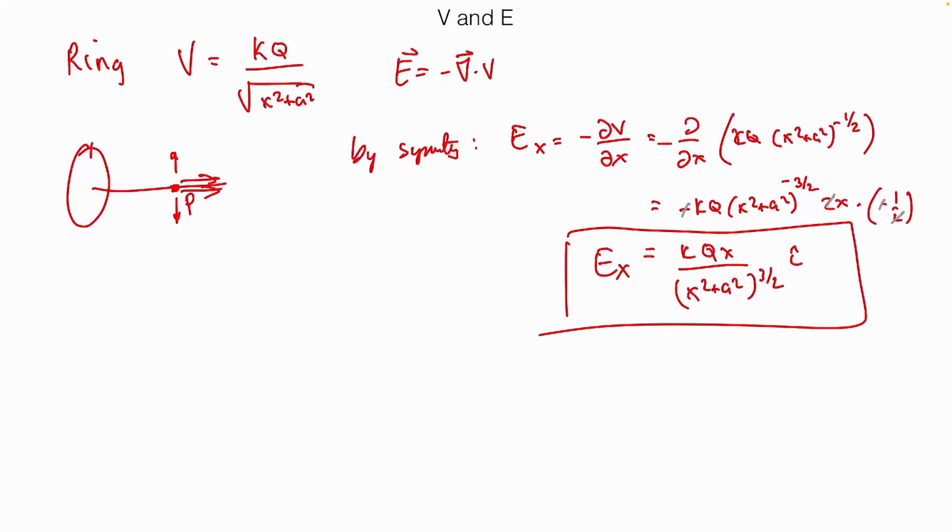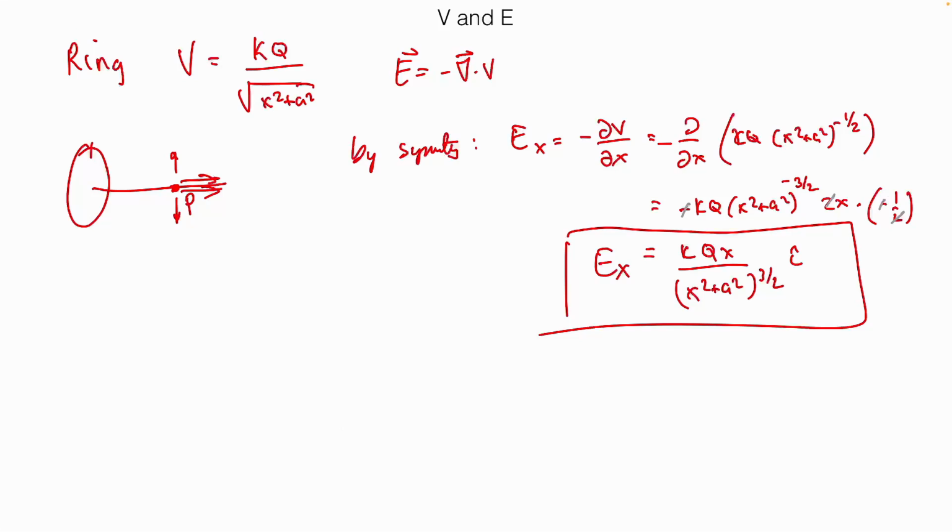A is a constant. So what is the partial derivative with respect to y of x squared? 0. Of a squared? 0.